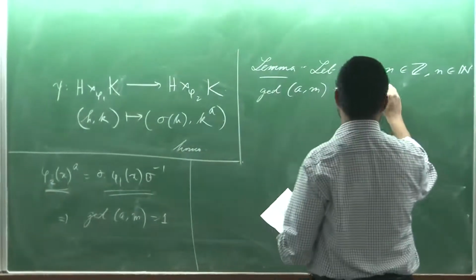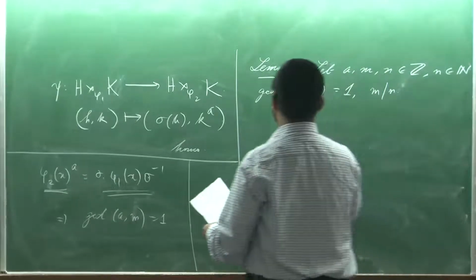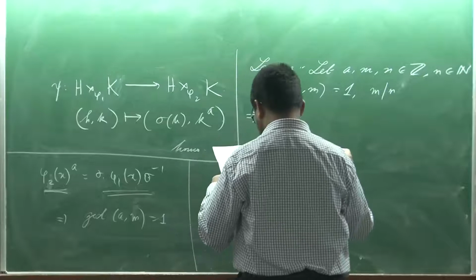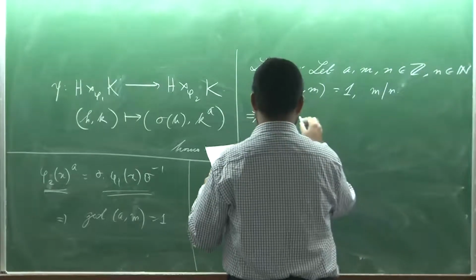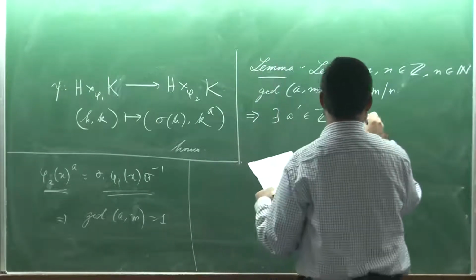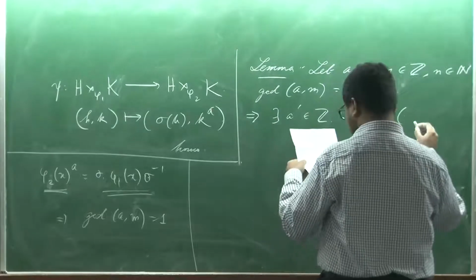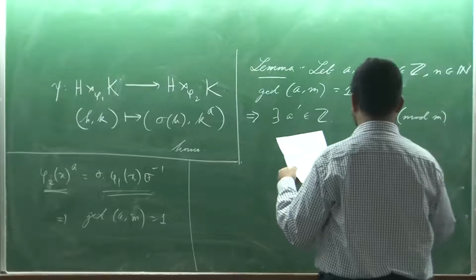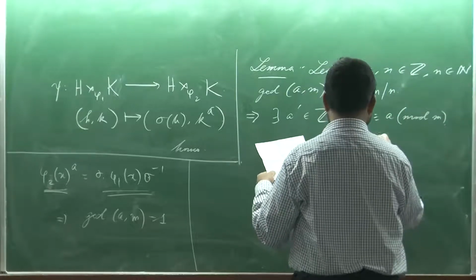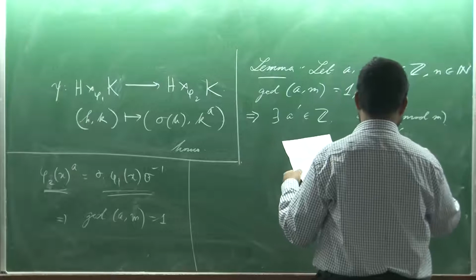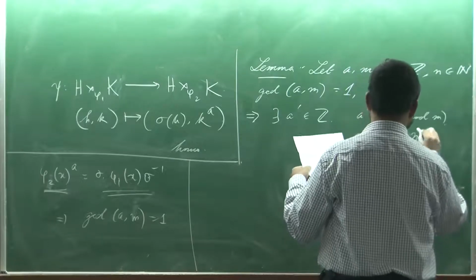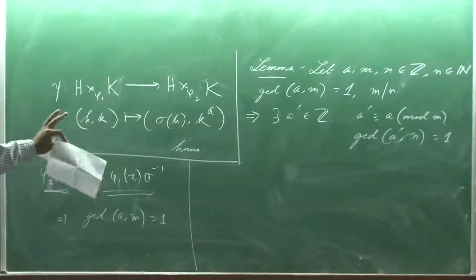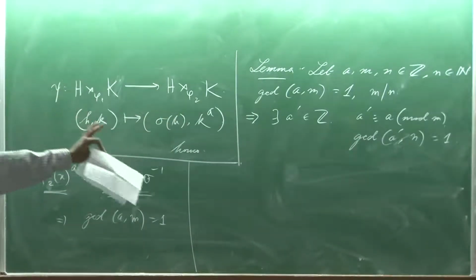Given this situation, there exists A dash, an integer in Z, having these two properties: A dash is congruent to A modulo M, and furthermore GCD of A dash and n is 1.